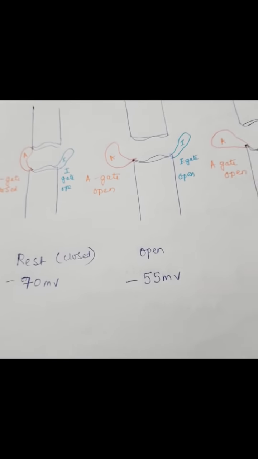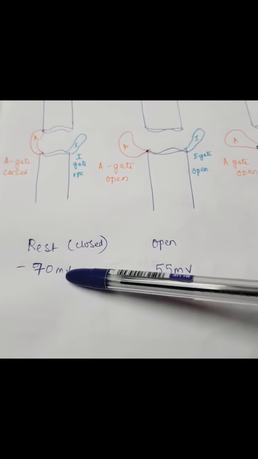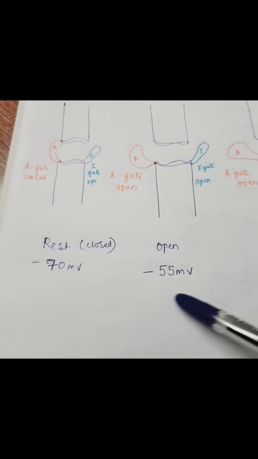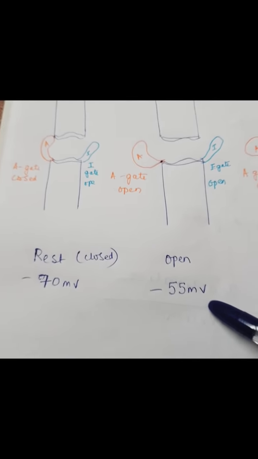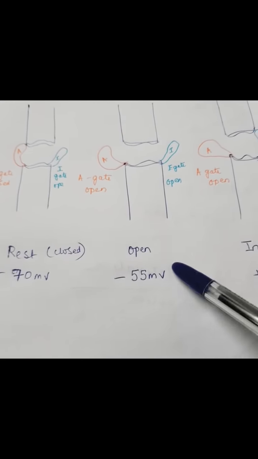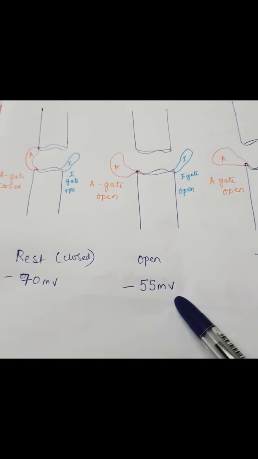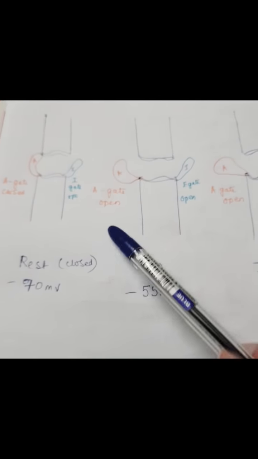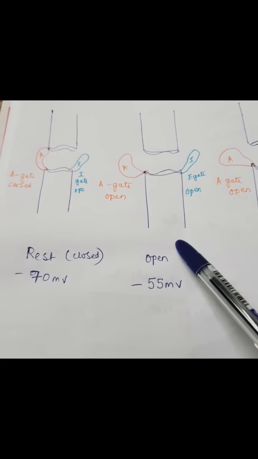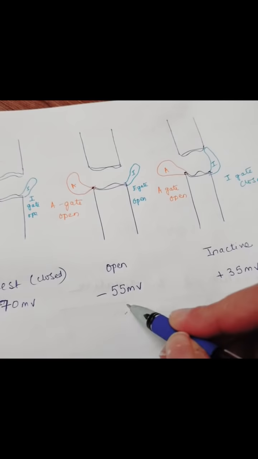What is activation here? At minus 70 millivolt, the gate is at rest. As the potential becomes more positive, that is, goes away from the RMP, a stage is reached, which is generally minus 55 millivolt, where a sudden conformational change occurs leading to opening of the gate. And thus, the sodium permeability increases and leads to depolarization. So, at threshold potential, what happens?